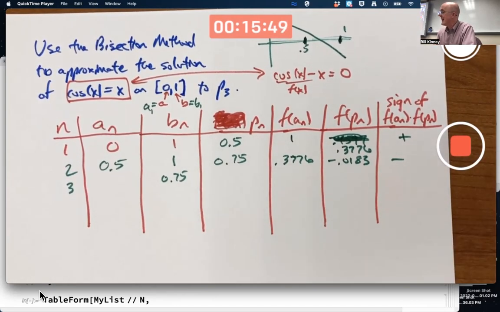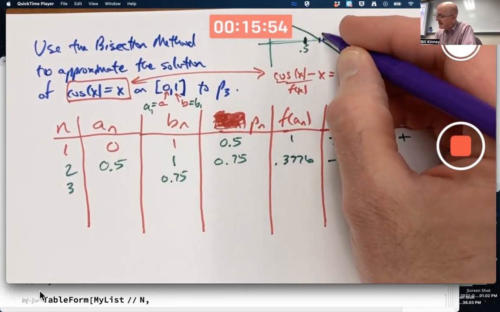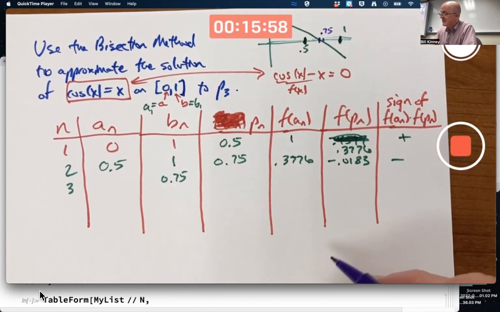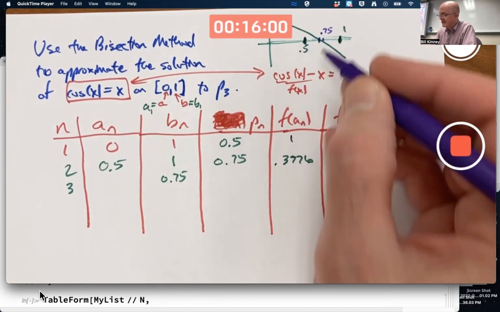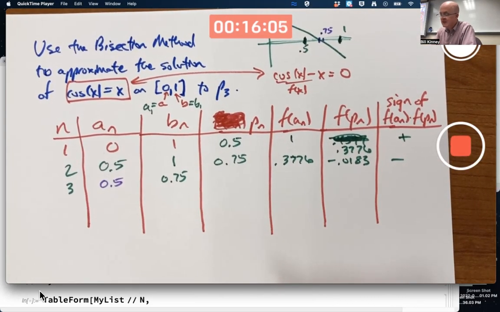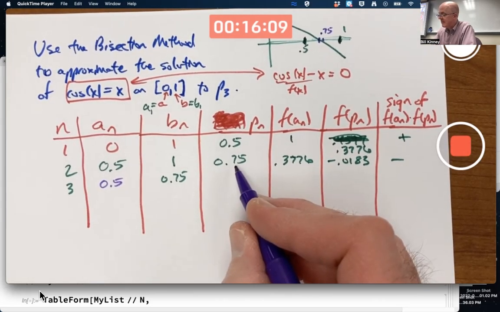If you're careful in looking at that graph on your calculator, you know this root right there is a little less than 0.75. It was a little bit bigger than 0.7. So the next interval has got to be from 0.5 to 0.75. A3 has got to be 0.5, and B3 has got to be 0.75, the previous value of P.